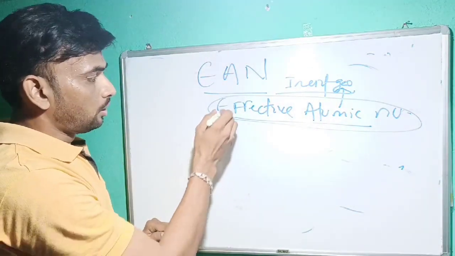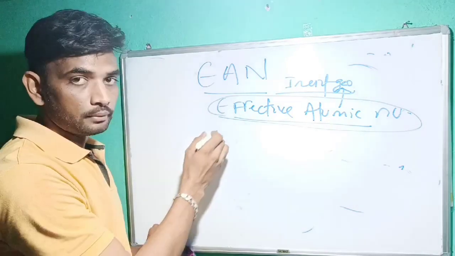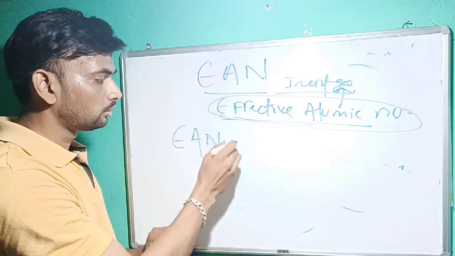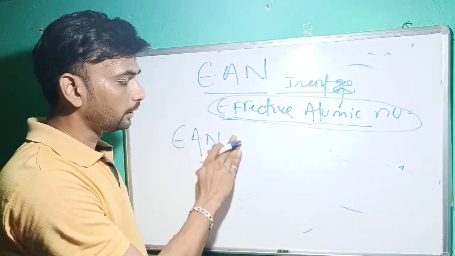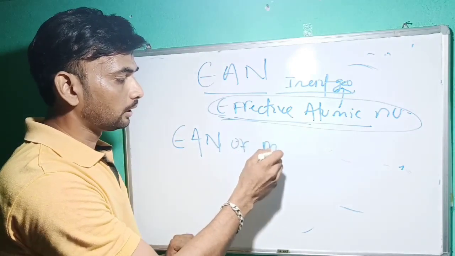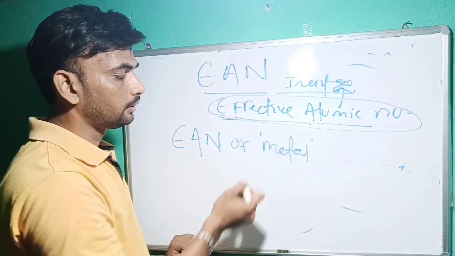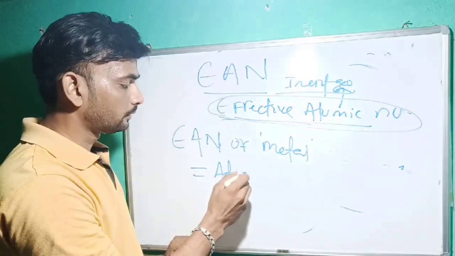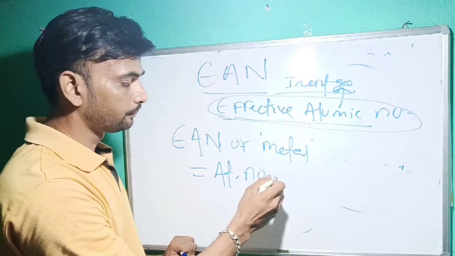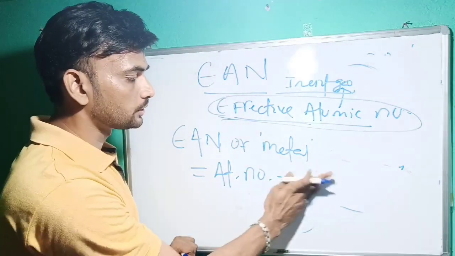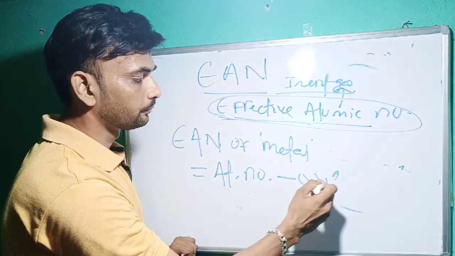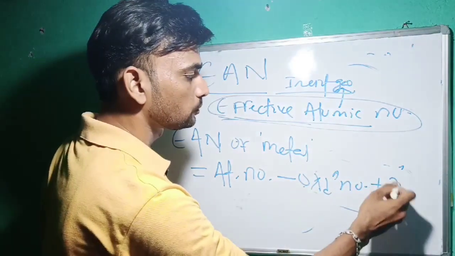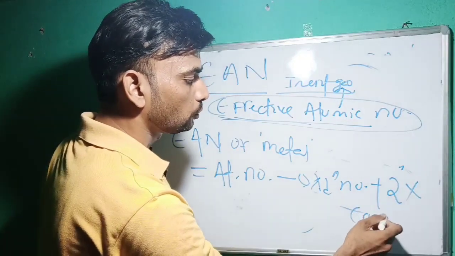So we calculate using the formula for effective atomic number, the EAN rule. EAN of a metal, that is the formula: atomic number minus oxidation number plus 2 into coordination number.